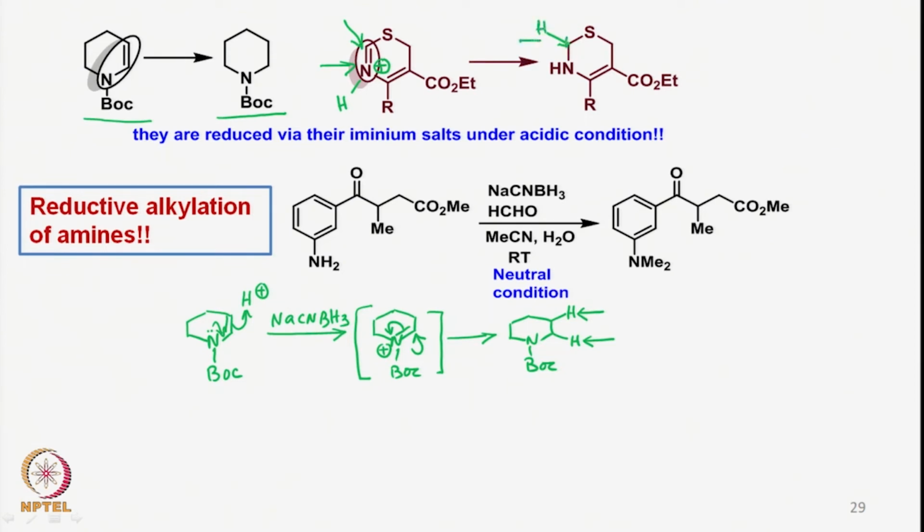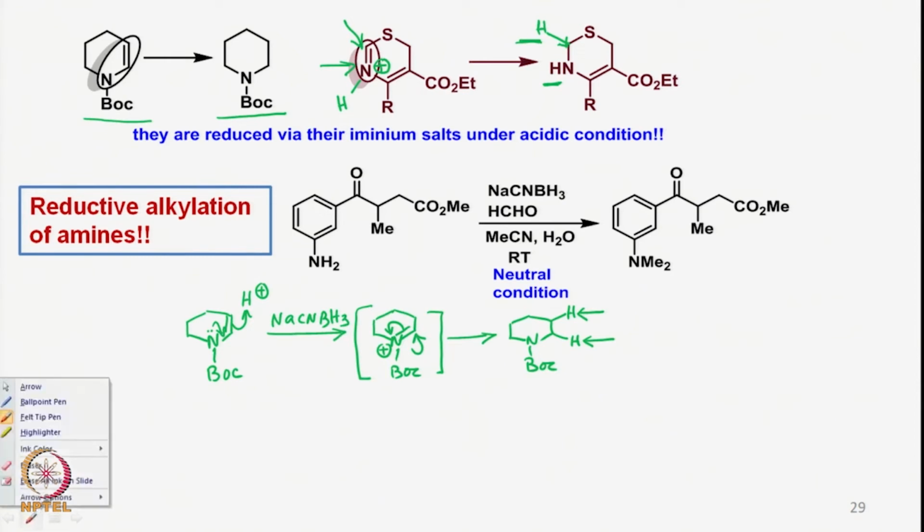So, this hydrogen comes from sodium cyanoborohydride and this hydrogen comes from the corresponding acid. Therefore, such reductions are quite useful since they cannot be easily done by means of sodium borohydride, because such a possibility of formation of an ammonium ion or a carbocation is not there.